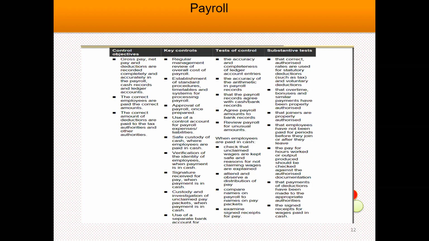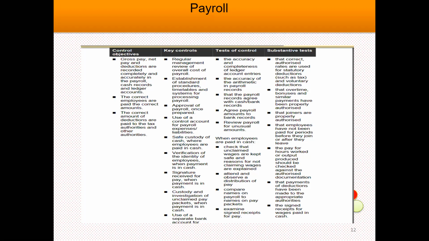Now, what are the key controls here? Number one will be review of the overall cost of payroll. So month on month, if every month you are paying 100,000 in payroll, we'll check it against February, against March. For people who work in accounting and finance, this is something that, by my experience in the companies I've worked in, was done monthly.